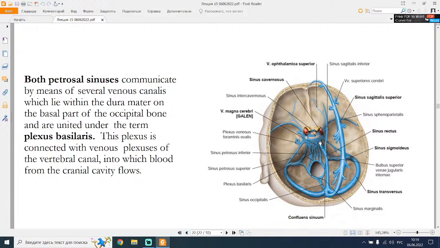Both petrosal sinuses communicate by means of several venous canals, which lie within the dura mater on the basal part of the occipital bone, and they are united under the term plexus basilaris. This plexus is connected with the venous plexuses of the vertebral canal, into which blood from the cranial cavity flows.